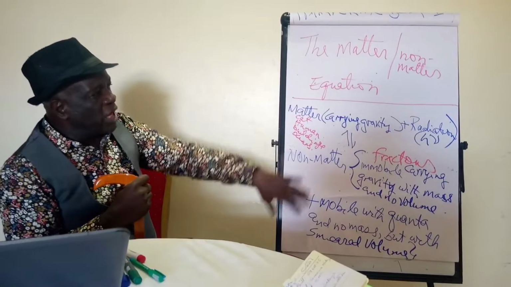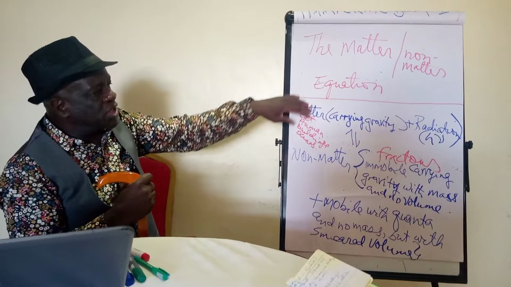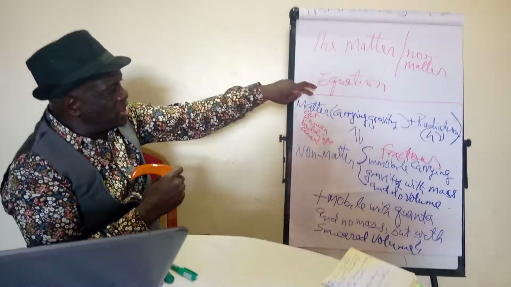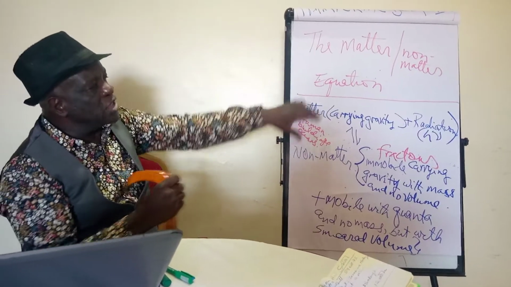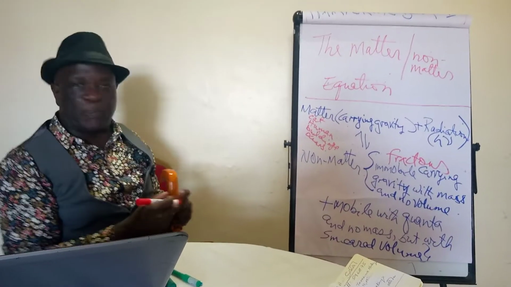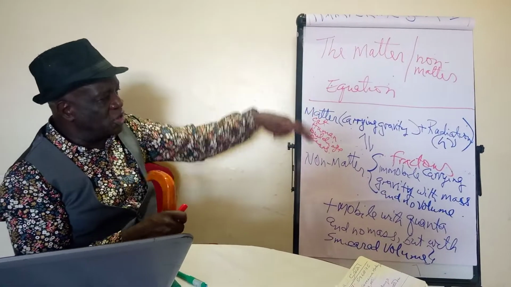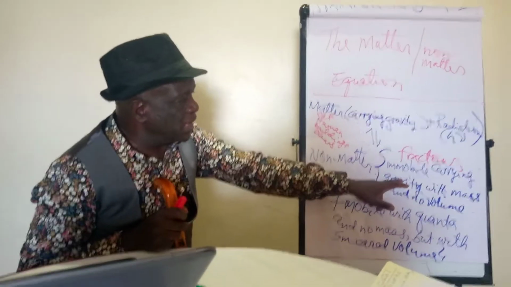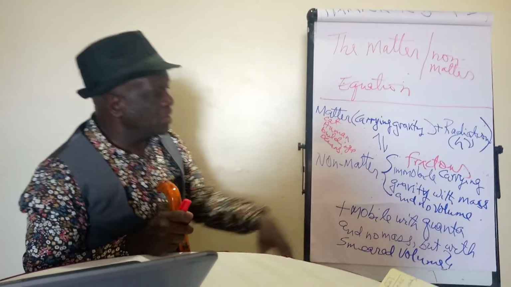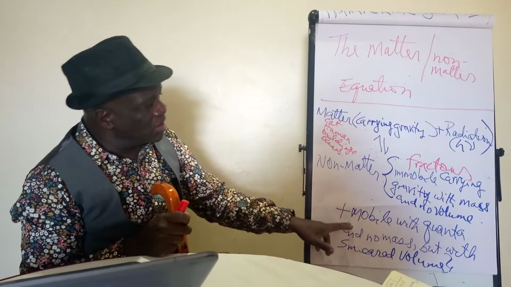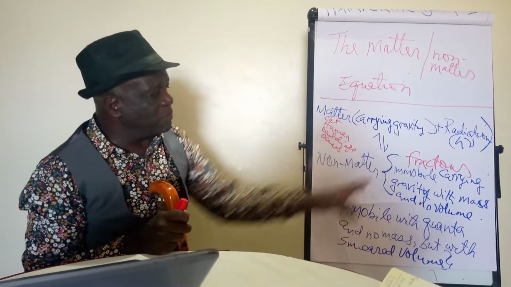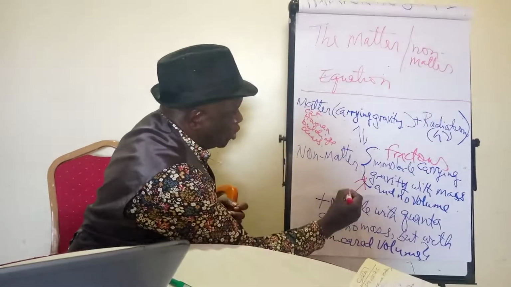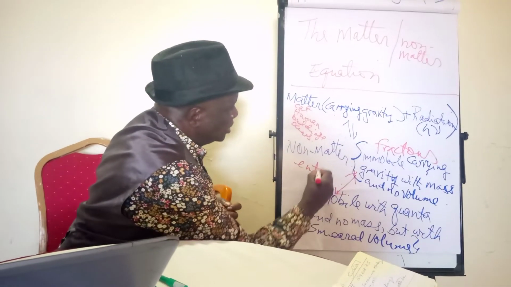And together we have matter existing together with non-matter in equilibrium, and this equilibrium between matter and non-matter is what we then call superposition. So matter relating with non-matter is a superposition. But non-matter, which is immobile, relating with the mobile aspects of the non-matter, the interaction between these is what we call entanglement.